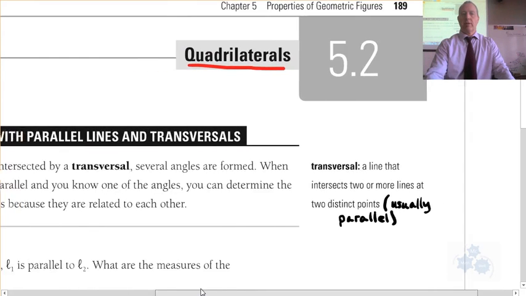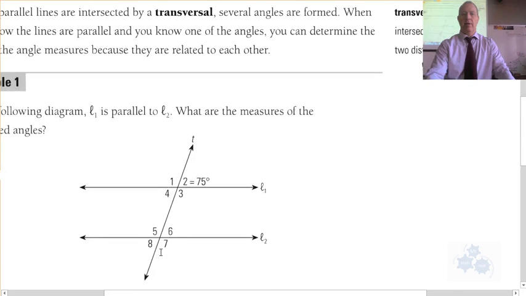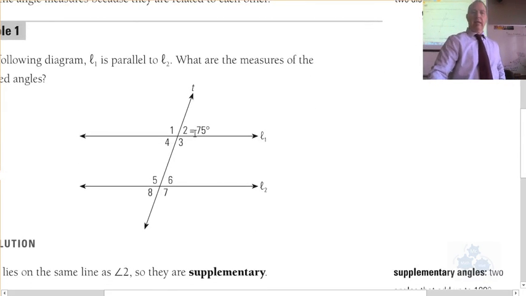So what that brings us to is this diagram down here. And if these lines right here are parallel, then we have some special things happening. But even if they aren't parallel, let's talk about some of the special things that a transversal creates.